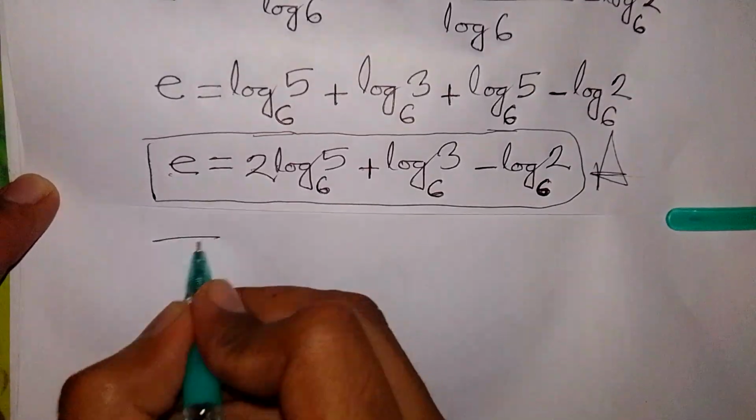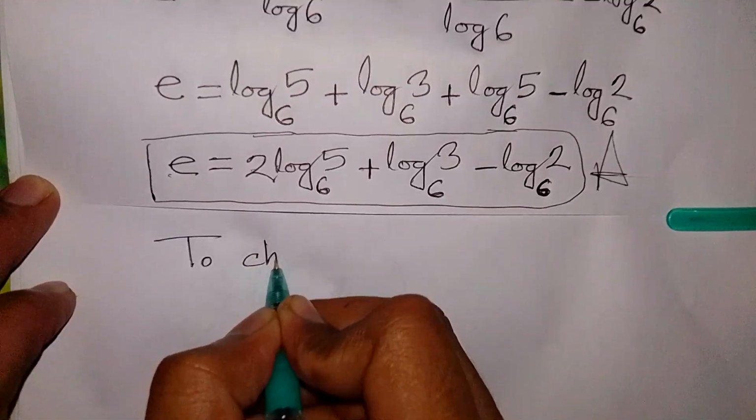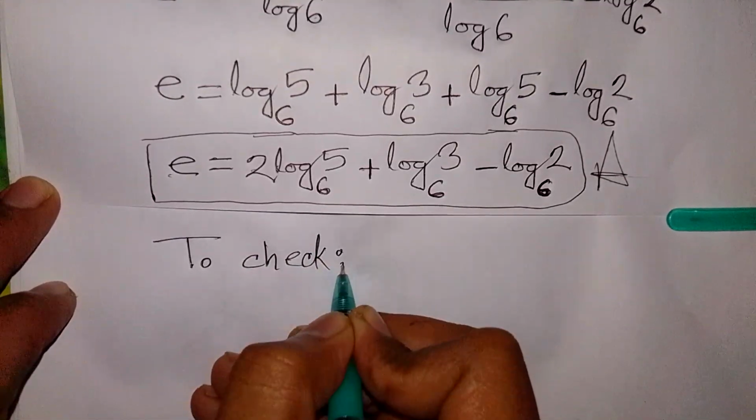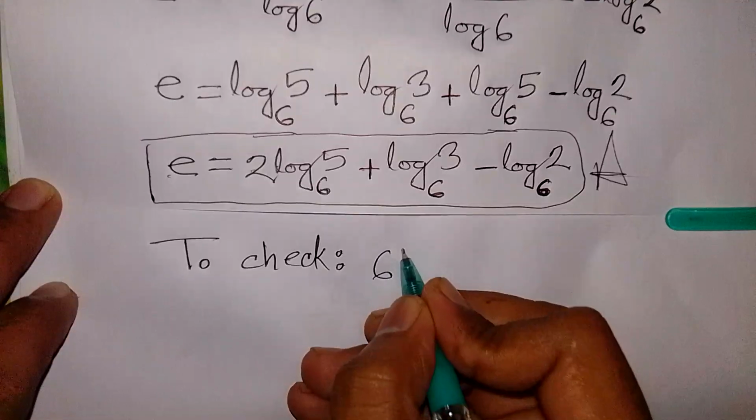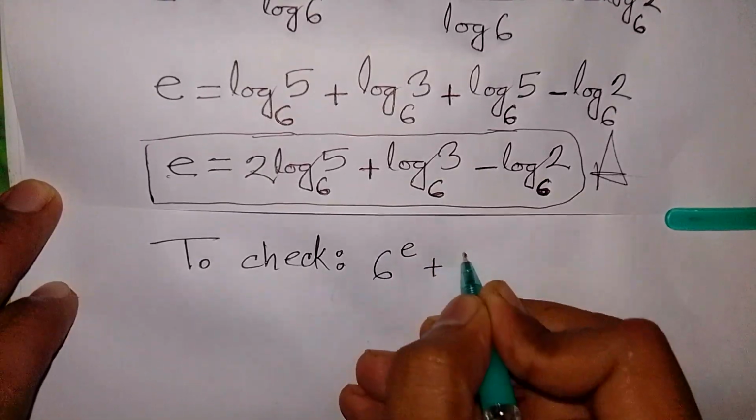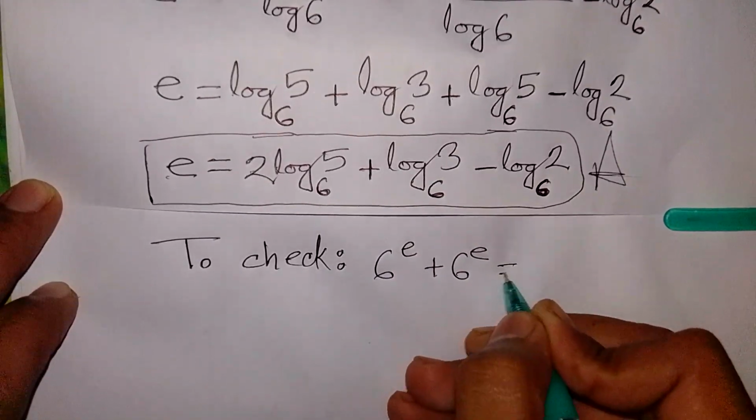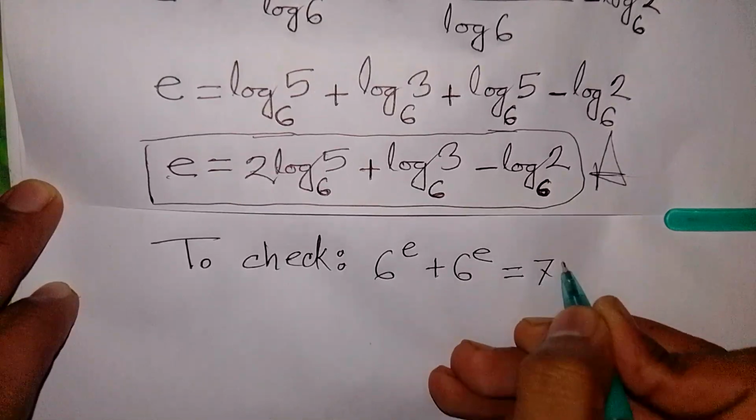So to check our equation, 6 power a plus 6 power a is equal to 75.